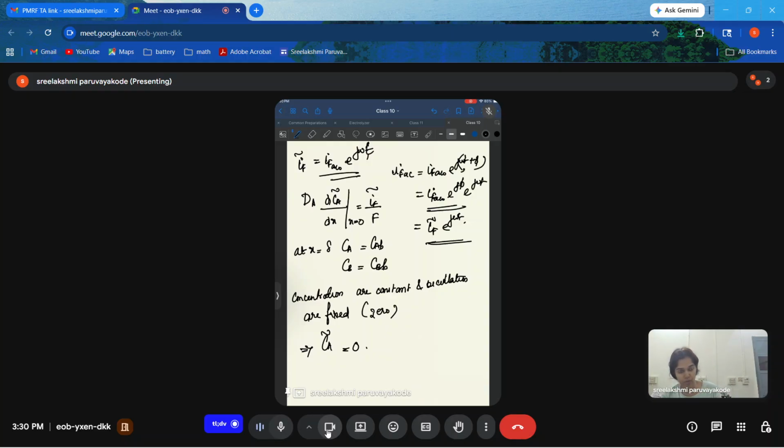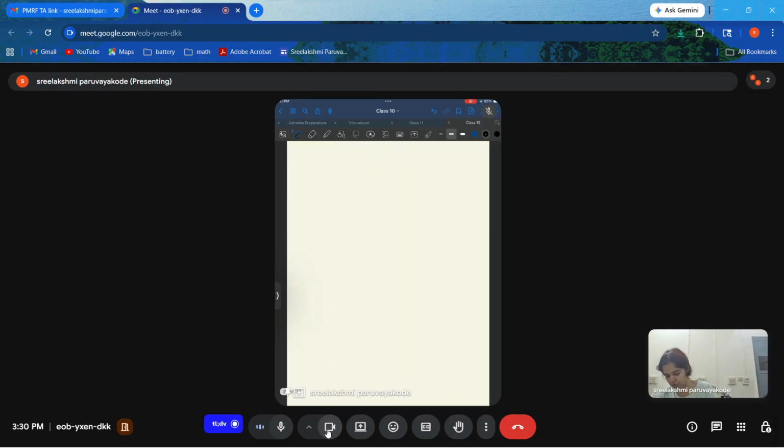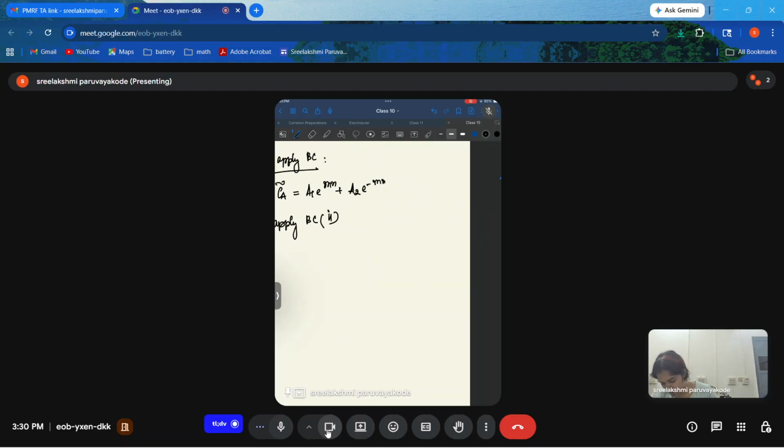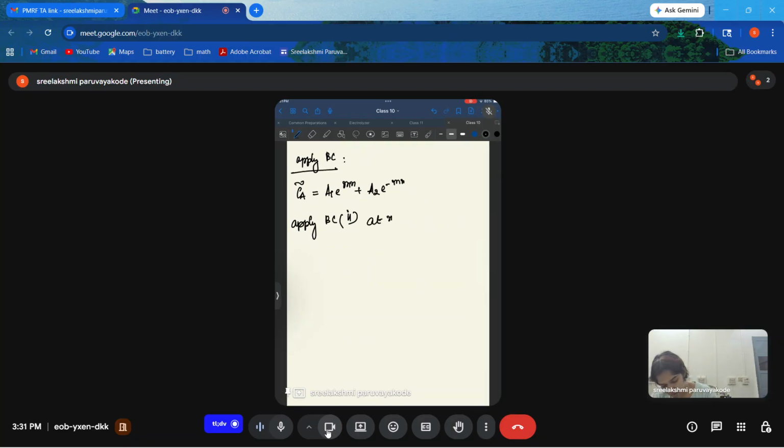Now when we are applying the boundary conditions, I'm giving a gist of how to proceed with this. You have CA del equal to A1 e to the power mx plus A2 e to the power minus mx. Now let's apply boundary condition 2.